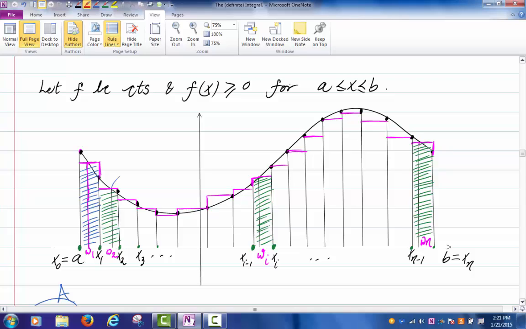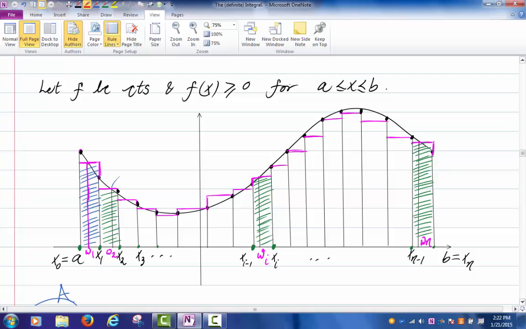As n gets bigger and bigger, meaning that you have more and more partition points, you will have more and more subintervals, which will get more and more narrow. They are shrinking. So the rectangles are shrinking, and then the total area of these rectangles will approximate the area below the curve better.